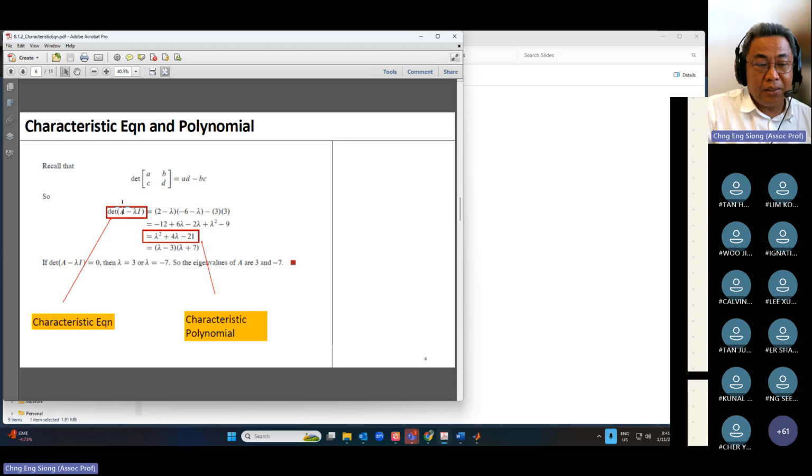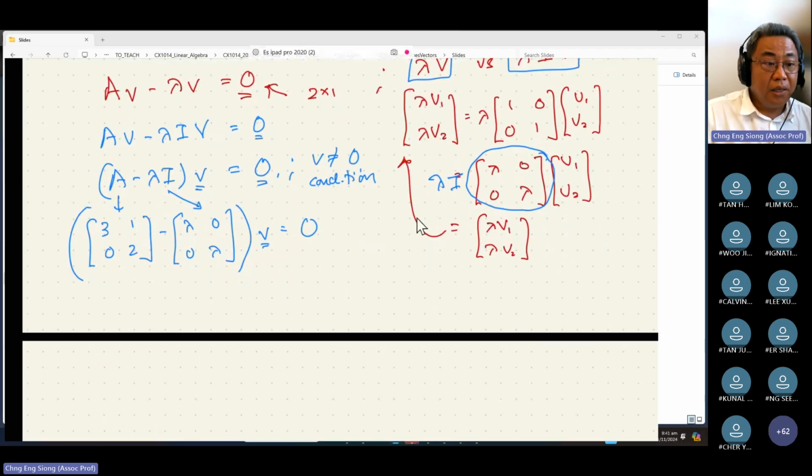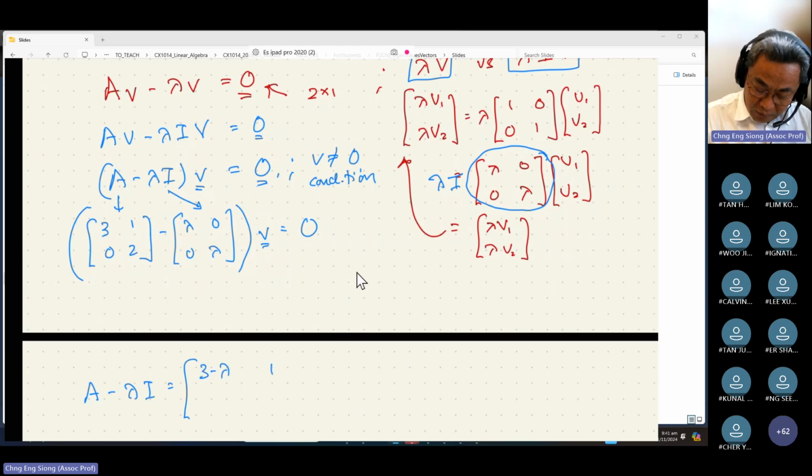A minus lambda I is just A minus lambda I. Later we're going to find the determinant. So A minus lambda I is equal to this guy minus this guy: 3 minus lambda, 1, 0, 2 minus lambda.